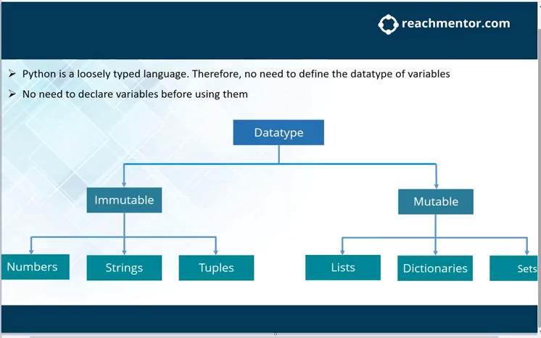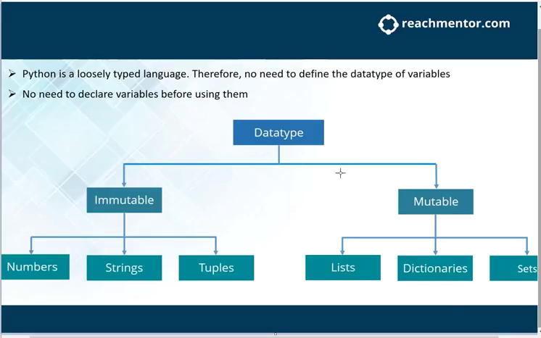Now let me explain the data types in Python. As I said, Python is a loosely typed language. Therefore, there is no need to define the data type of the variable. In other languages, we used to define the variable name, data type, and variable declaration, all those things.